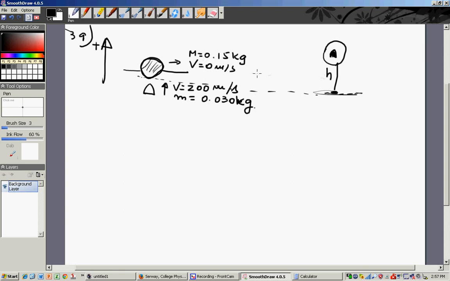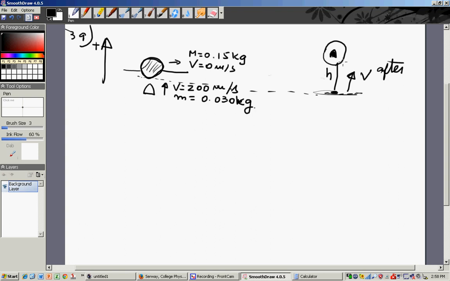So when the collision takes place, what happened? Well, I have a bullet that has a certain velocity, that once it embeds in this ball, the ball in its turn starts moving up with a velocity that I'm calling v after, and because it's moving upward, eventually it stops, right?